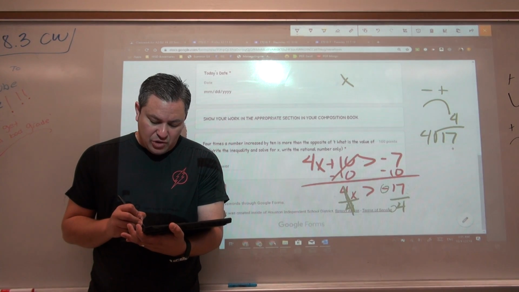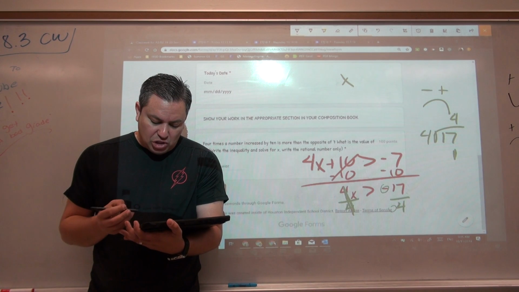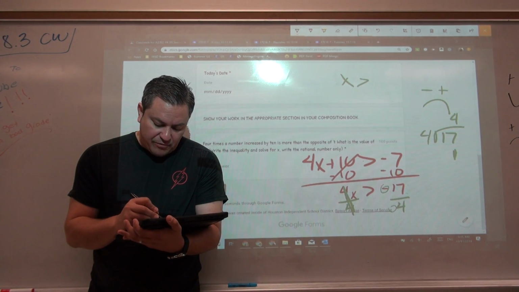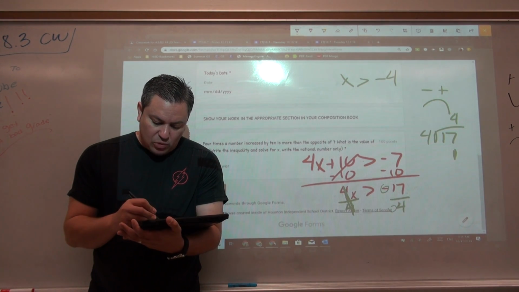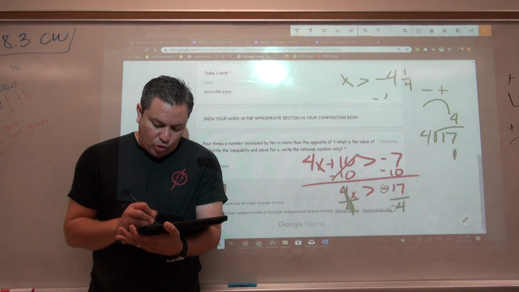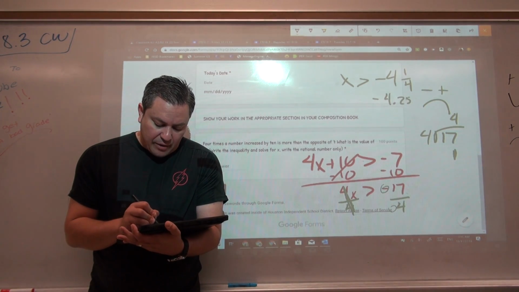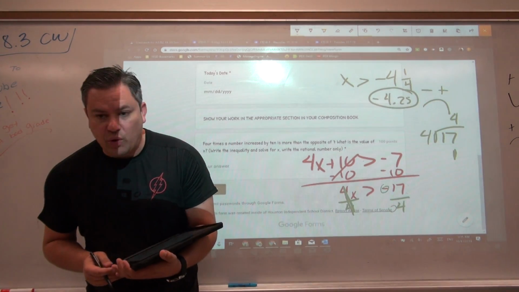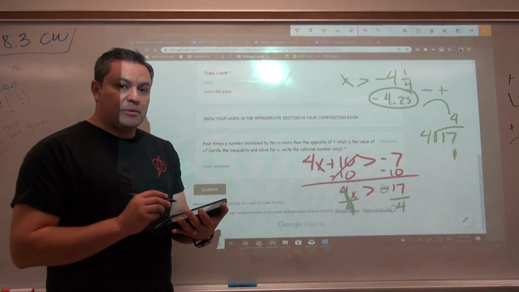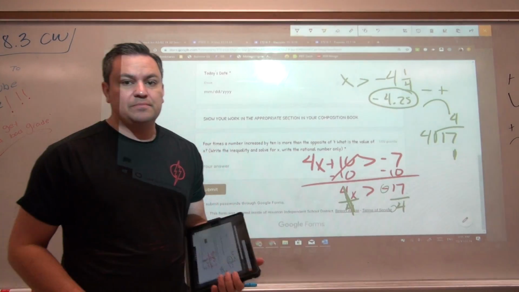You subtract and you get 1. So the answer will be greater than negative 4 and 1 quarter. Or you can write that as a decimal, negative 4.25. Any questions on that one? It has to be negative because one of them is positive and the other one is negative.